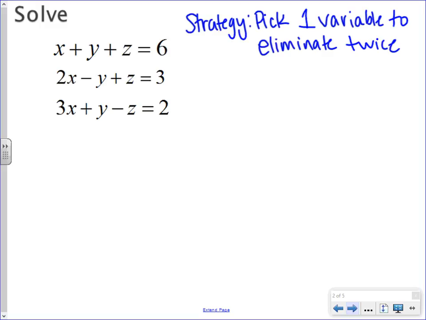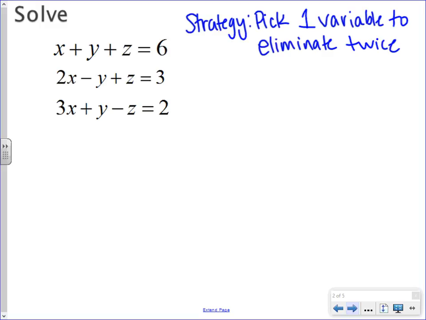So if we have 3 equations with 3 variables, if we could somehow eliminate one of the variables and get it down to 2 equations, 2 unknowns, we're very comfortable solving for that. So what we're going to do is pick one variable to eliminate twice. That way we can get down to 2 equations, 2 unknowns.